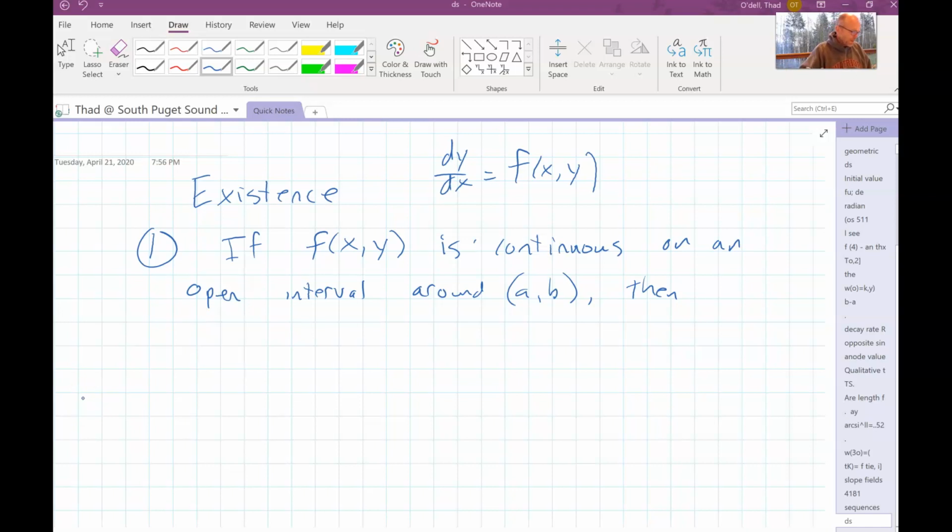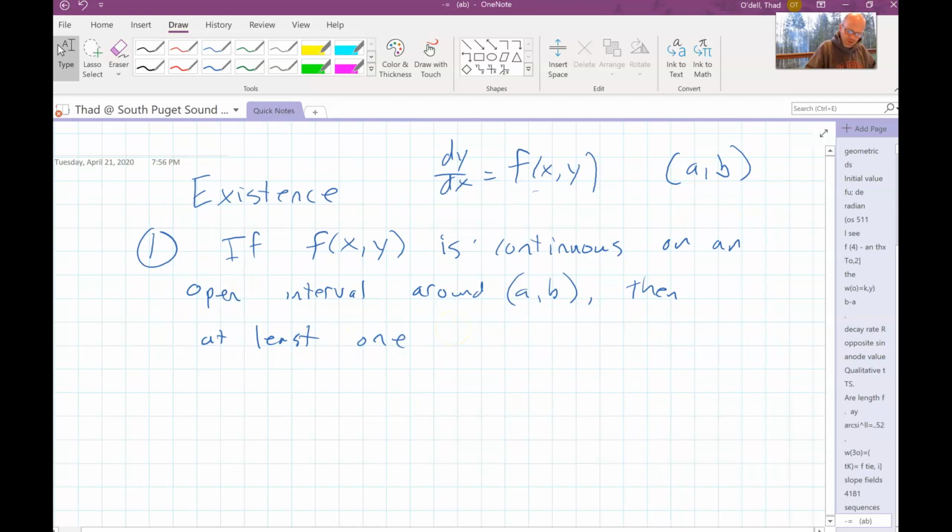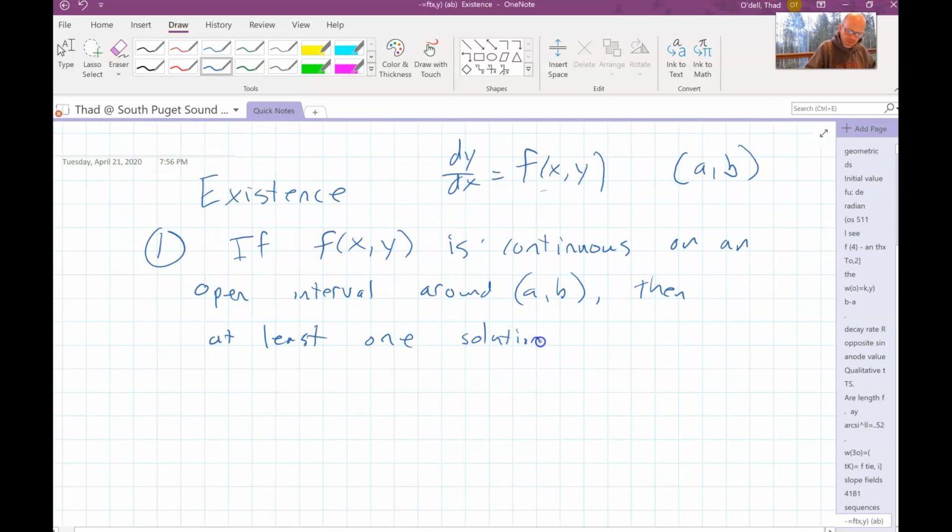On an open interval around (a, b). If f(x, y) is continuous on an open interval around (a, b), so we're testing for existence of a solution that goes through this point, a solution to that differential equation, then at least one solution exists around x equals a.